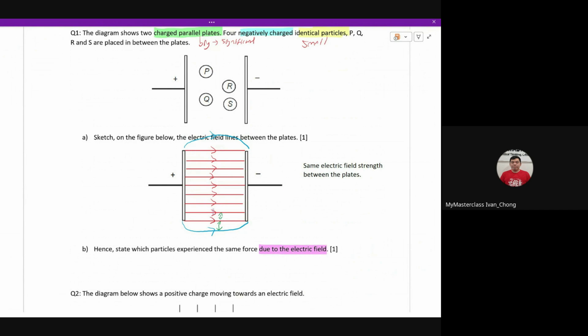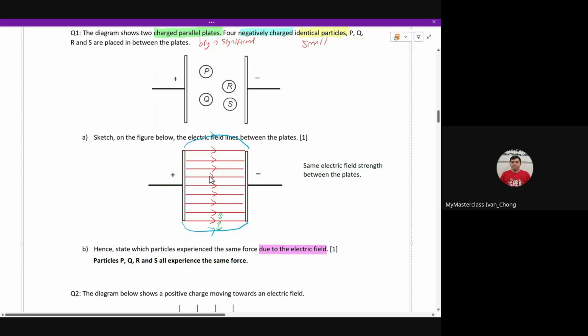If you notice your electric field lines, all of them are equally spaced apart, which means no matter where you are, as long as you're within this electric field, all of them will experience the same force. So the particles P, Q, R, and S all experience the same force, because the electric field strength is exactly the same between your metal plates.